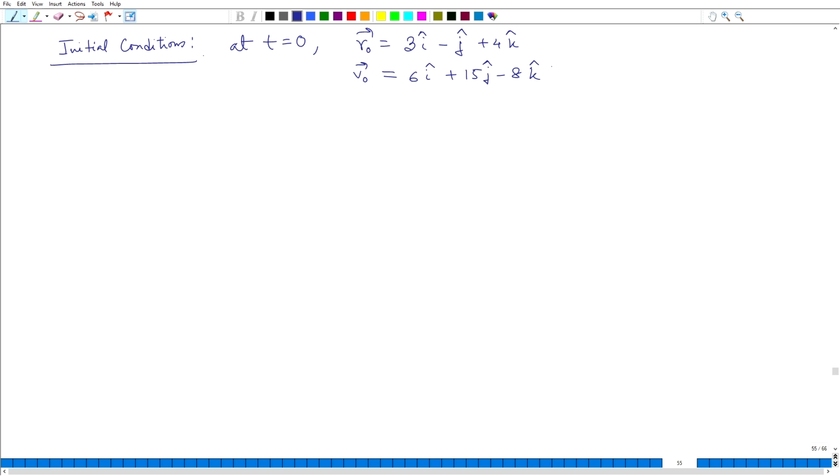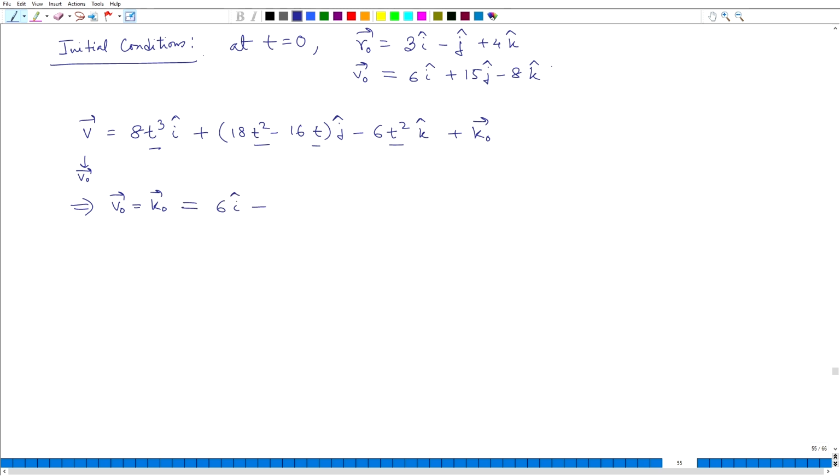So, now I already know v is equal to 8 t cube i cap plus 18 t square minus 16 t j cap minus 6 t square k cap plus k 0 vector. Okay. At t equal to 0, all these terms would vanish and v will be equal to v 0. So, from that we can easily say that v 0 is equal to k 0, and that is equal to the given vector 6 i plus 15 j minus 8 k.